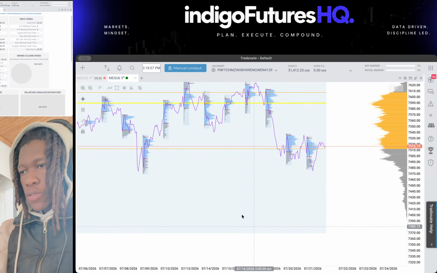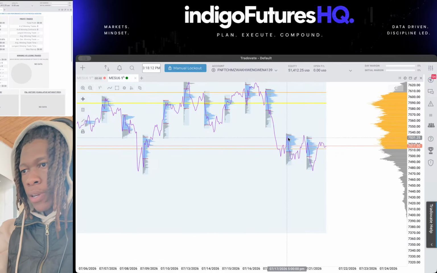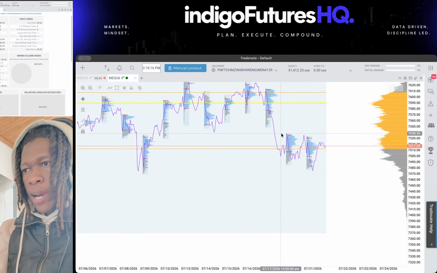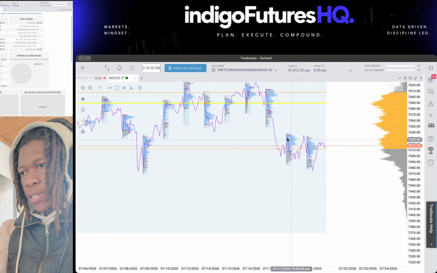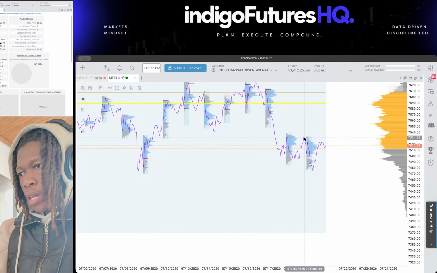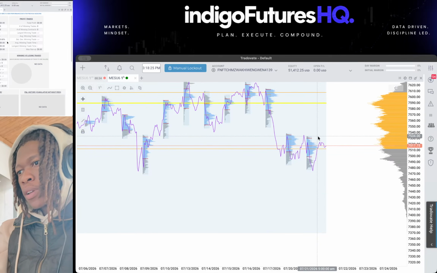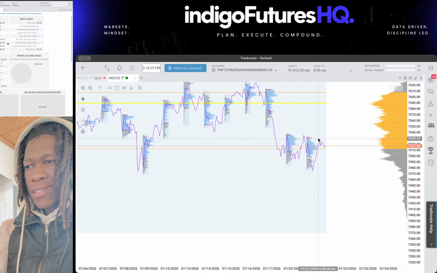Yeah, so yesterday's value, this is Monday's value area, right? Kind of overlapping with Friday, so we seem to be moving somewhat horizontally, right? So tests of value area high today are going to be important.